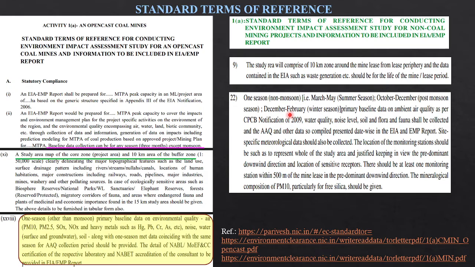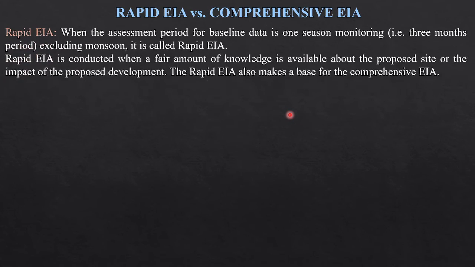So based on this, we will know what is rapid EIA and what is comprehensive EIA. When the assessment period for baseline data is one season monitoring, that is a 3 months period excluding monsoon, it is called rapid EIA, and it is conducted when a fair amount of knowledge is available about the project site or the impact of the proposed development.